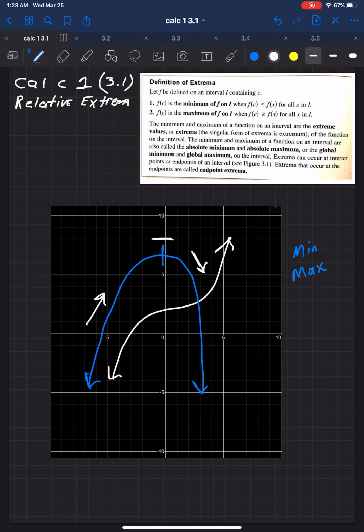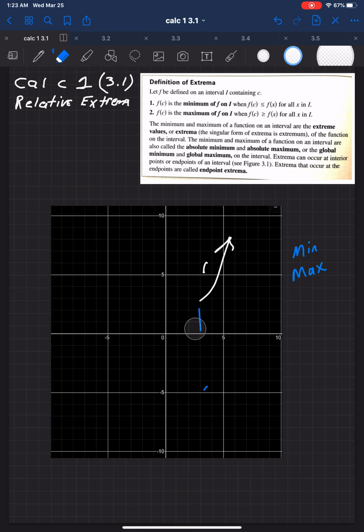So I might like to know the interval where something's increasing or decreasing, or where it is constant. And let's do a little bit better than that. I'm going to clear this board here.